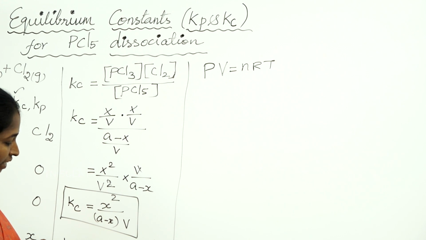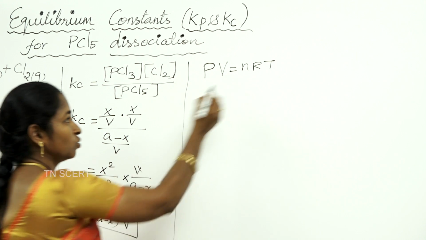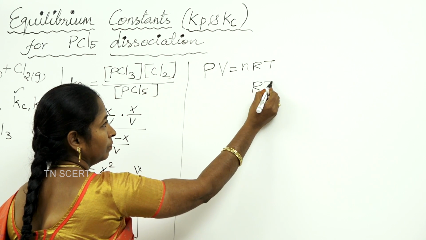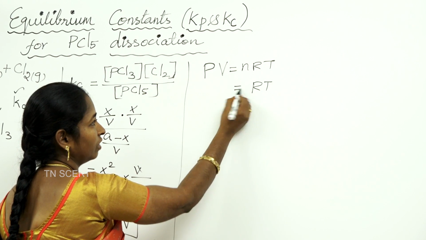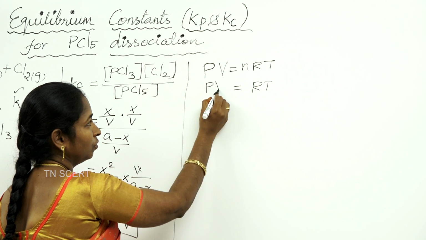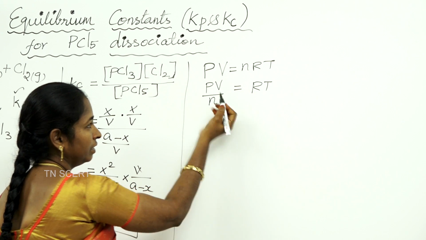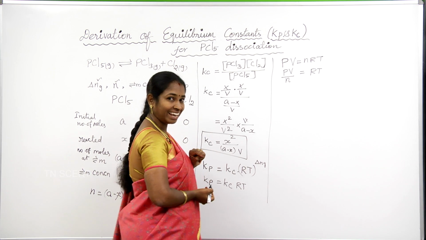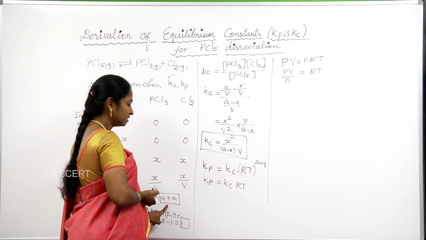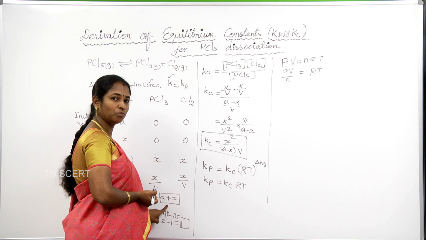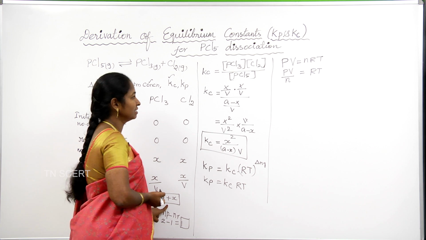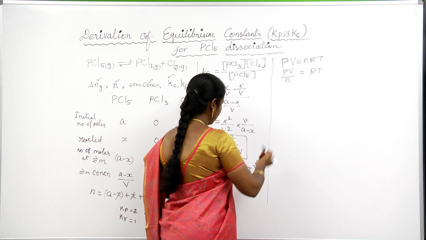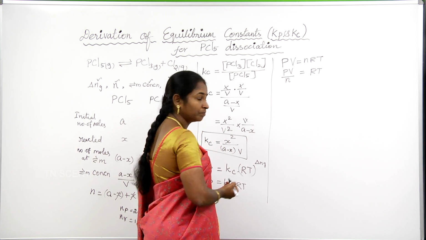We want to calculate the value of RT. So, keep RT here. Bring this n to the left side of the equation, which will give you PV by n. What is n? It is the total number of moles. We calculated already as it is A plus X. So, apply these values in this equation.